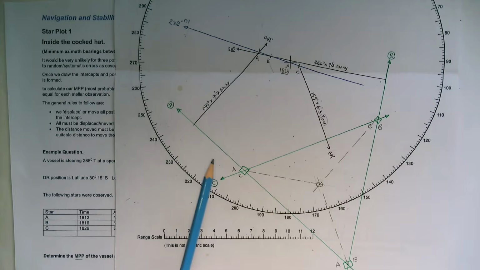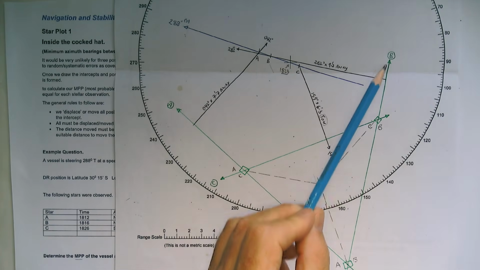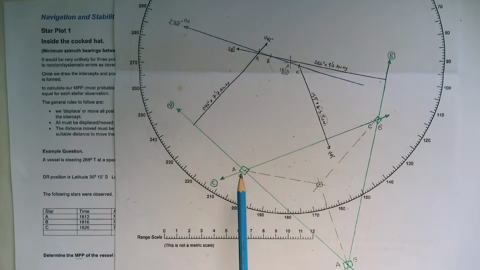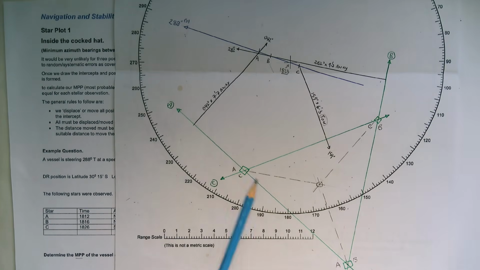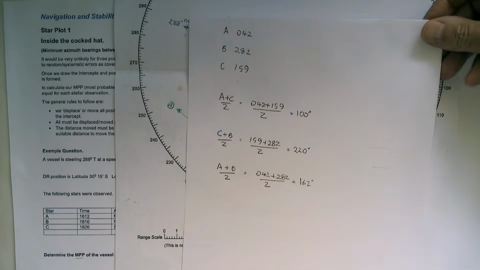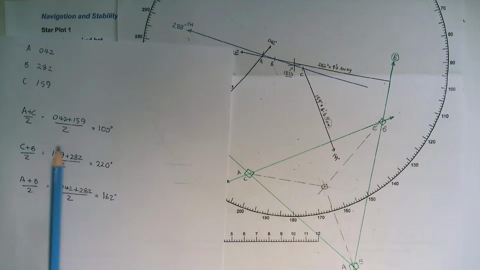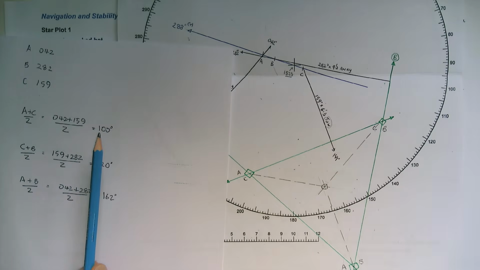Now you'll notice I've put A, B and C. So we're going to put where they cross, we're going to call that C and that C, A and A, B and B. So that means that we've got A and C, so we add the bearings of A and C together and divide by 2.